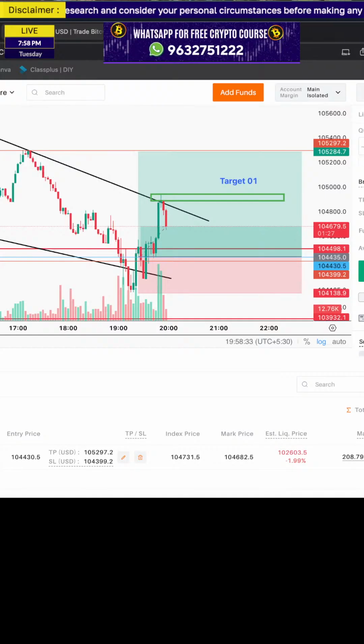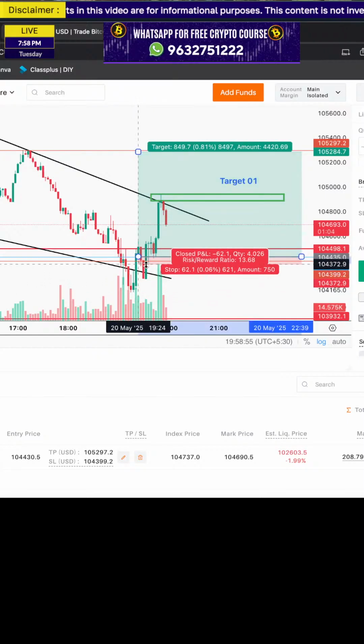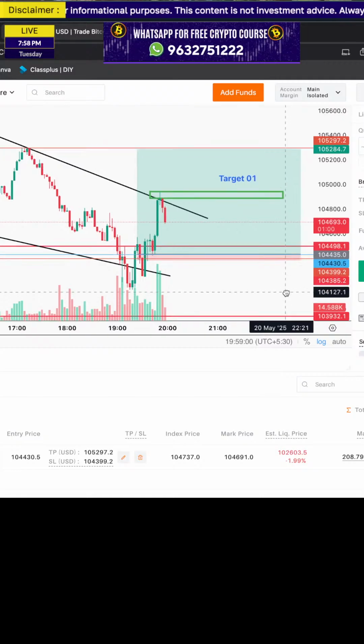If S&P 500 is not giving the confidence, S&P 500 has to break the day's high. This is my revised stop loss, okay?